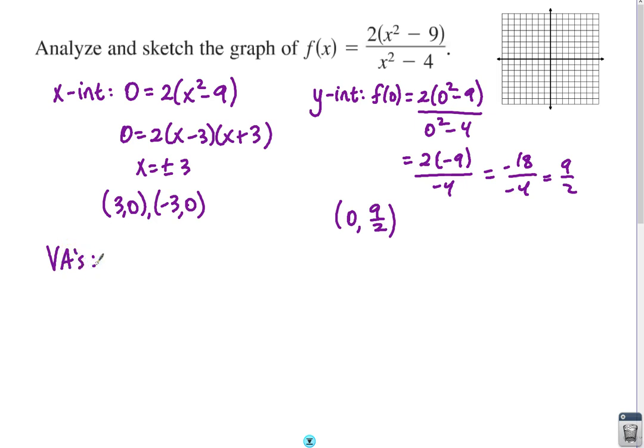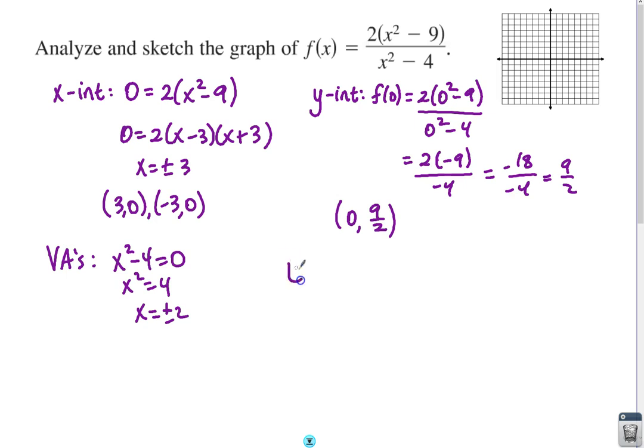My vertical asymptotes occur where my denominator would give me a 0. So I set my denominator equal to 0. So x squared minus 4 is equal to 0. So x squared equals 4, x equals plus or minus 2. So my vertical asymptotes are at x equals plus and minus 2.